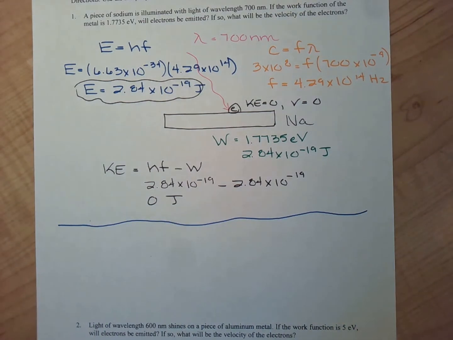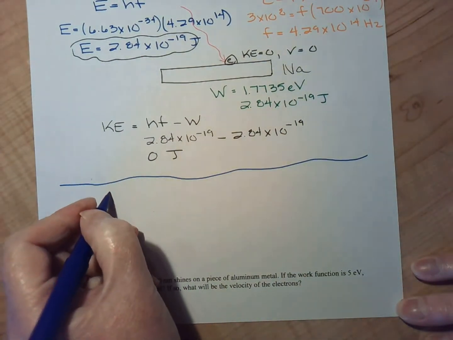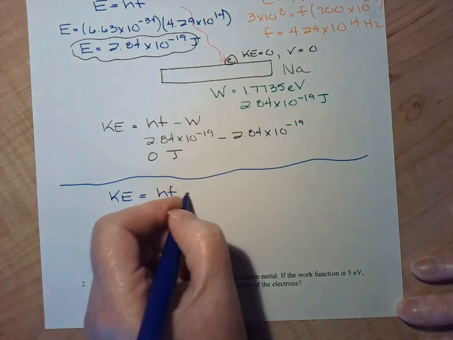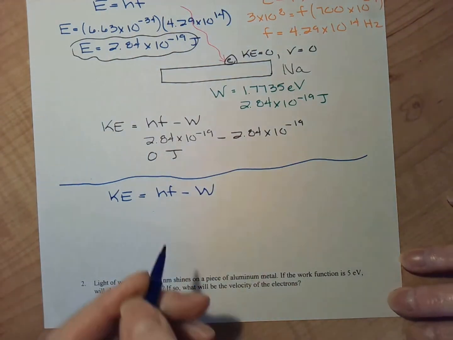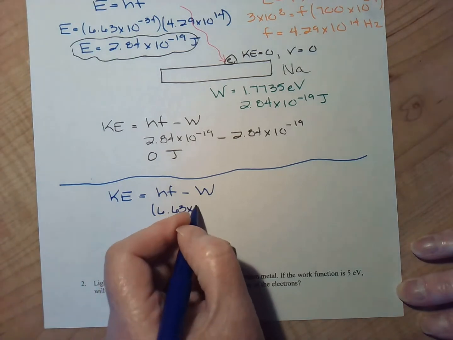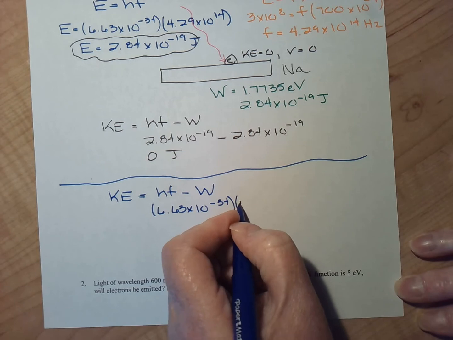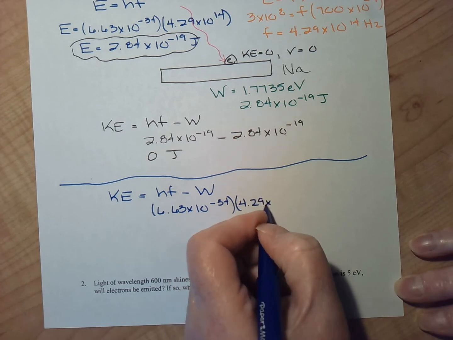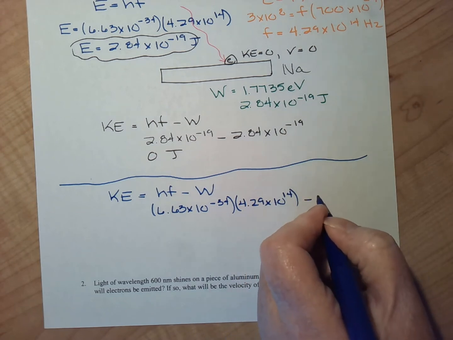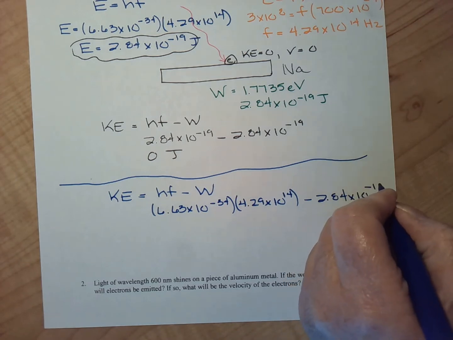So sometimes we end up arguing with our neighbor in terms of who's right and who's wrong. Because if you had started the problem like this, and you wrote down the equation for the photoelectric effect, and you wrote down the same values, Planck's constant to the negative 34, we take our frequency value that we got here times 10 to the 14th, and then we subtract our work function, which is 2.84 times 10 to the negative 19.